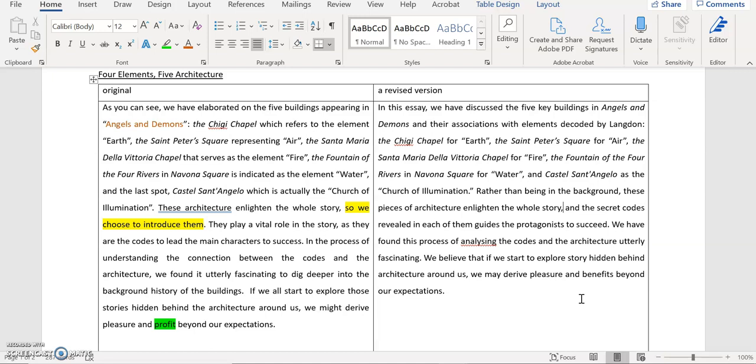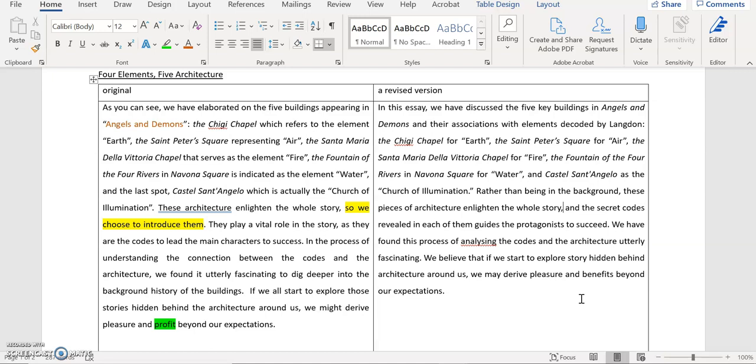That is something I want to use to emphasize the importance of architecture in Dan Brown's book, the value of it, the importance of it, the distinctiveness of them.